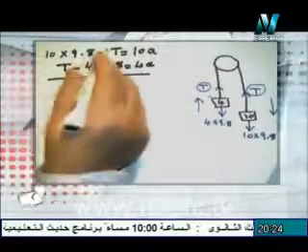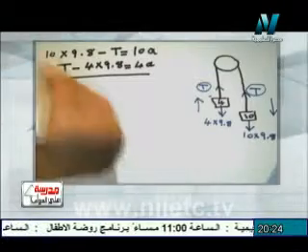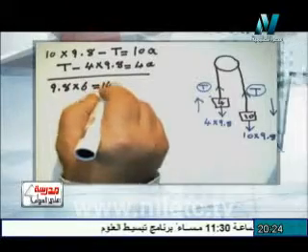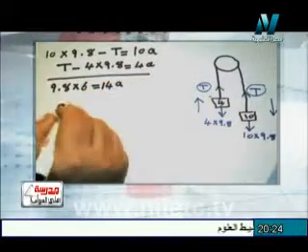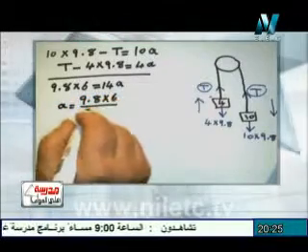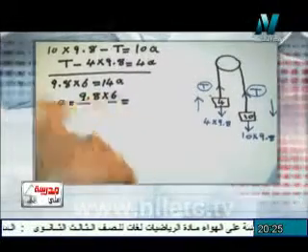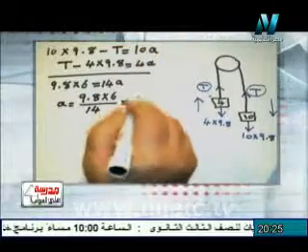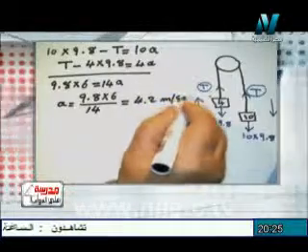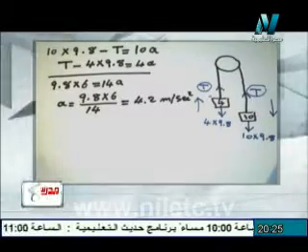Adding, T cancels. Take 9.8 as common factor: 9.8 multiplied by (10 minus 4), which is 6, equals (10 plus 4)A, which is 14A. Therefore A equals 9.8 multiplied by 6 divided by 14, which is 4.2 meters per second squared. We must pay attention to the units, since in dynamics all the units must be consistent. Okay, now we have the acceleration of the system.